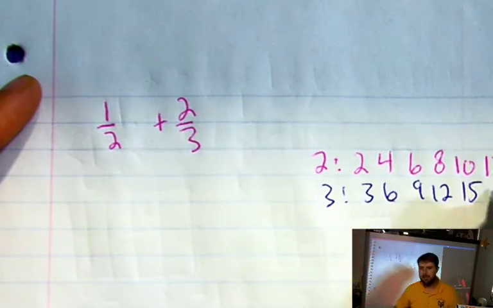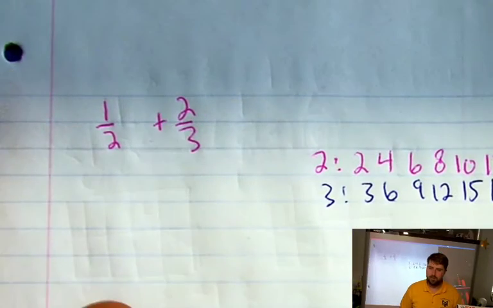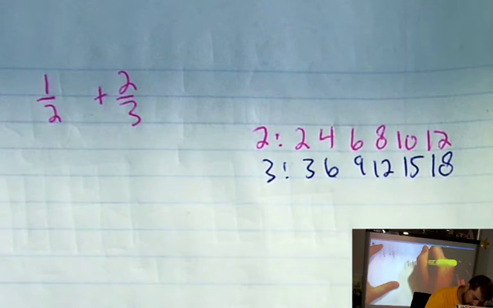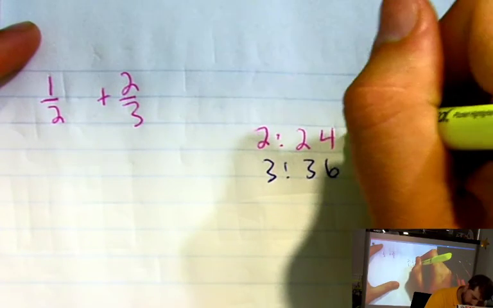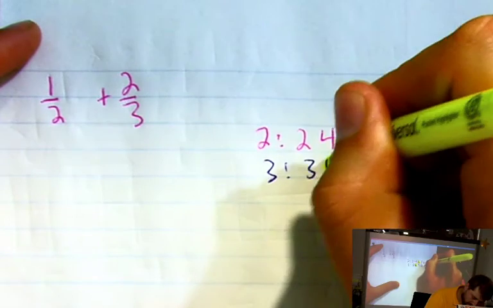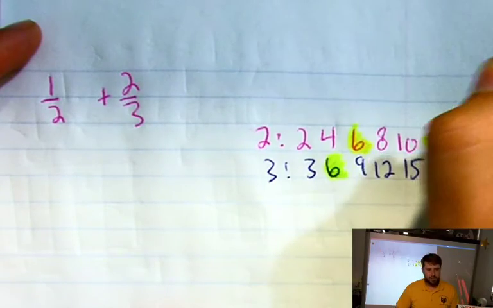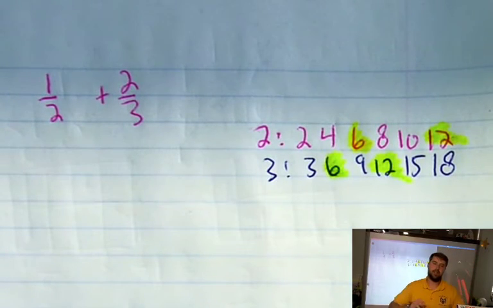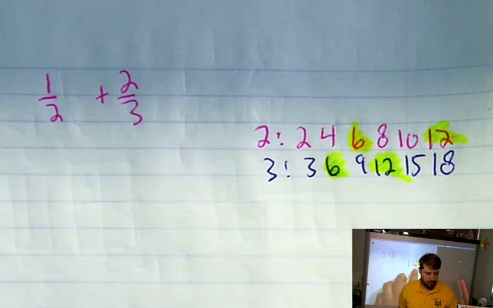And then we want to look at numbers that appear in both our pink list and our blue list. Well, I see that 6 is on both of these. And I see that 12 is on both of these. So 2 common multiples, or 2 numbers that we could make like units, are 6 and 12.